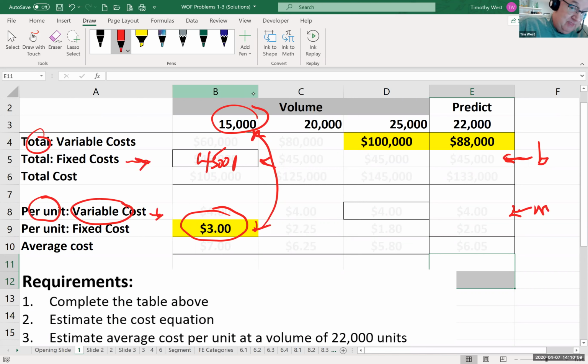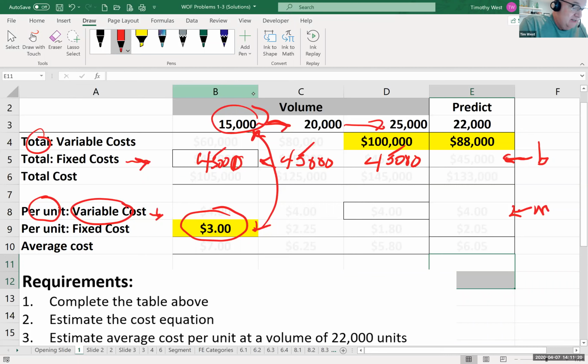All right. And so then what did you tell me about the fixed cost in terms of as volume changes? What will my new total fixed cost be? It's going to be the same. Be exactly the same. And so that's the thing that you got to stay focused on. Those are always going to be the same.